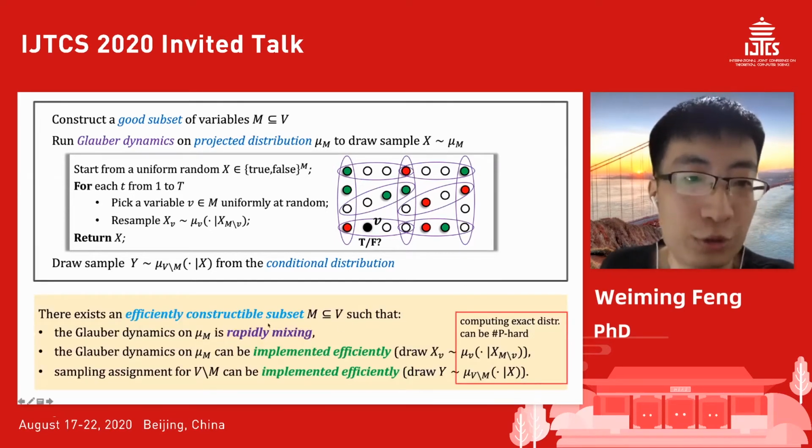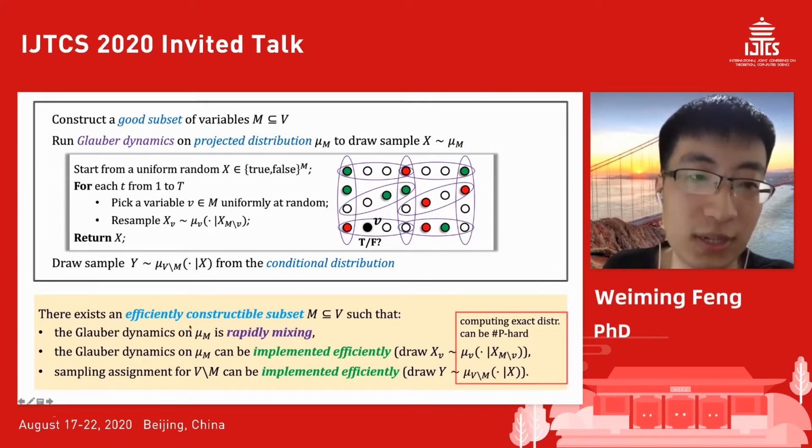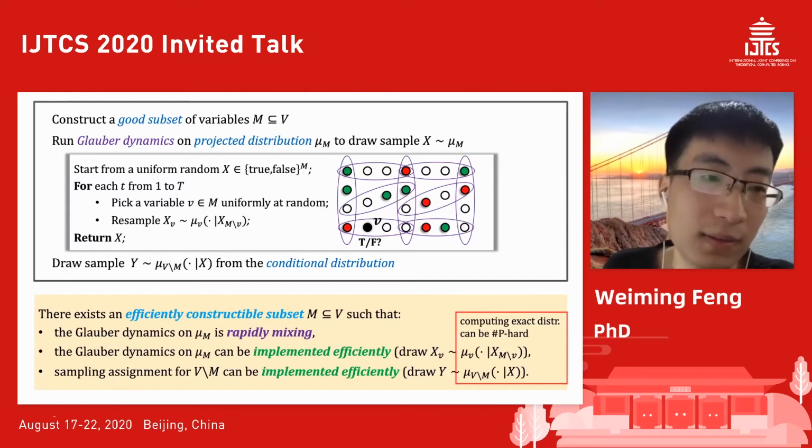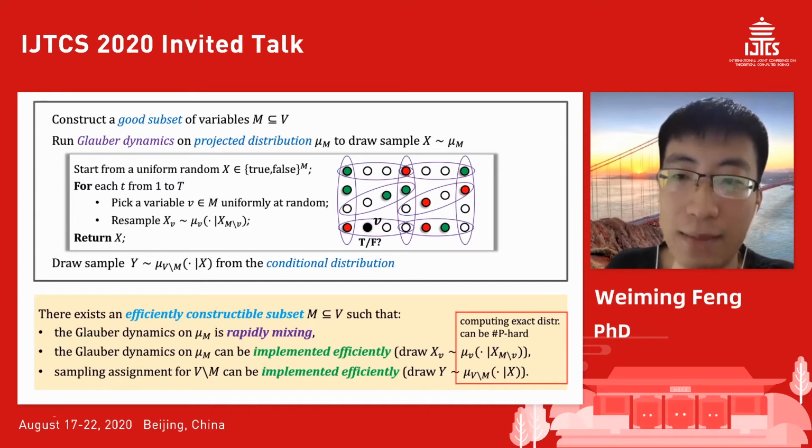Now we need to prove the following result. We need to show that there exists an efficiently constructible subset M such that the following three points hold at the same time. First, the global dynamics on the projected distribution mu M is rapidly mixing. Second, the global dynamics on mu M can be implemented efficiently. The implementation is not trivial because in every step, we need to resample X_v from the conditional distribution.